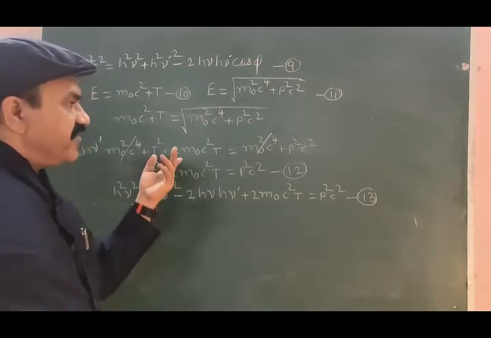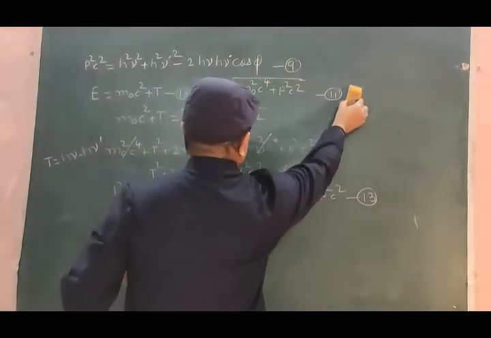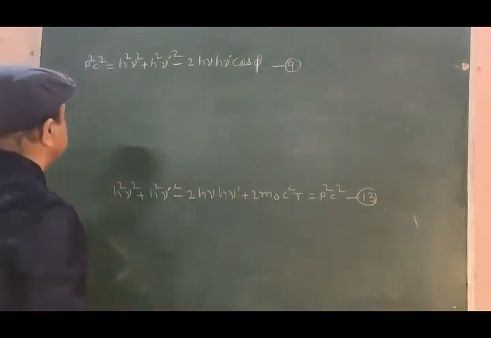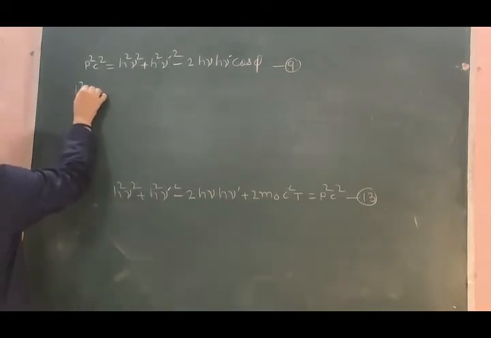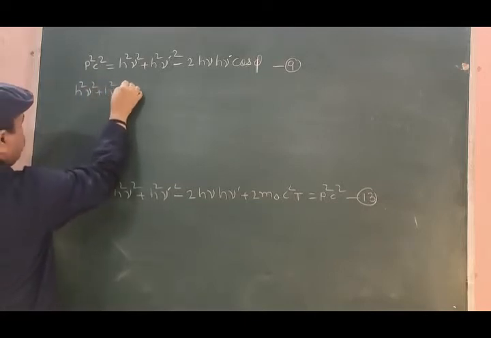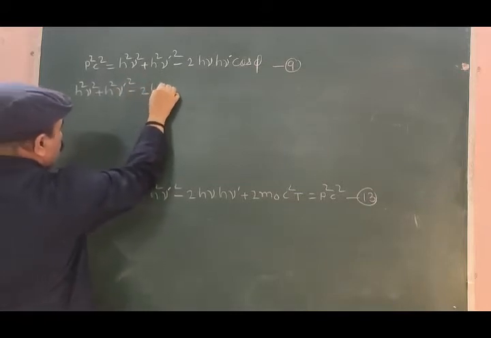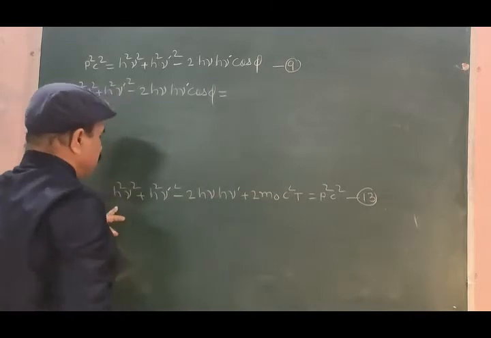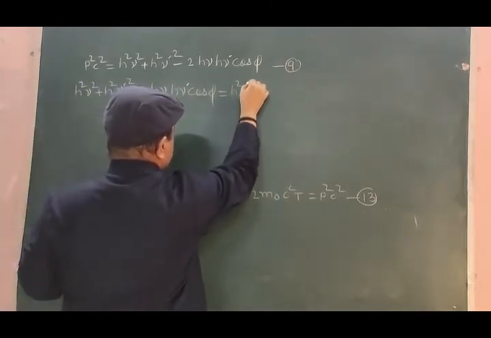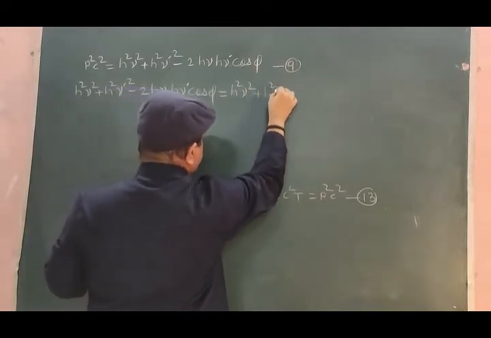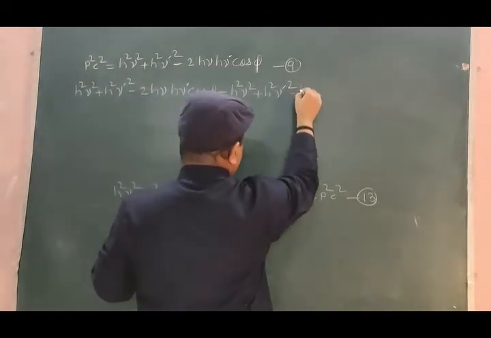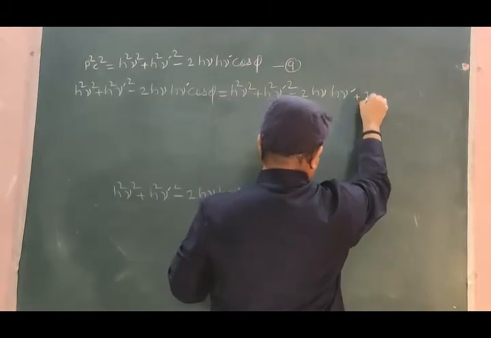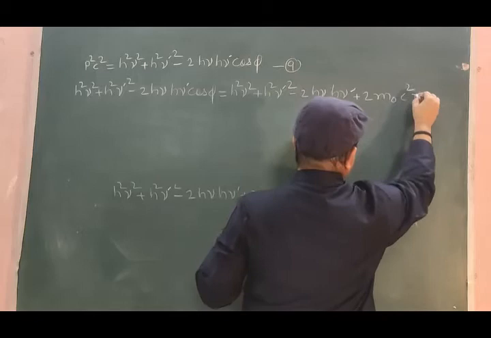This comparison will give us h square nu square plus h square nu dash square minus 2 h nu dash cos phi is equal to this one, h square nu square plus h square nu dash square minus 2 h nu into h nu dash plus 2 m0 c square T.